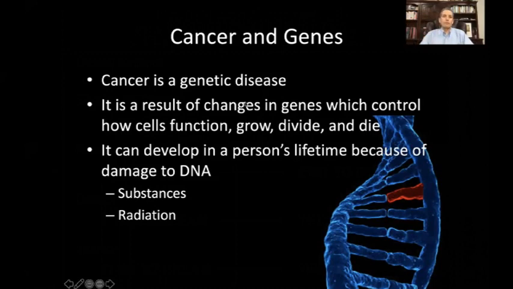That could be a problem. If there is a mutation so that the baby doesn't stop growing, and so the baby gets bigger and bigger and bigger, that's a problem too.